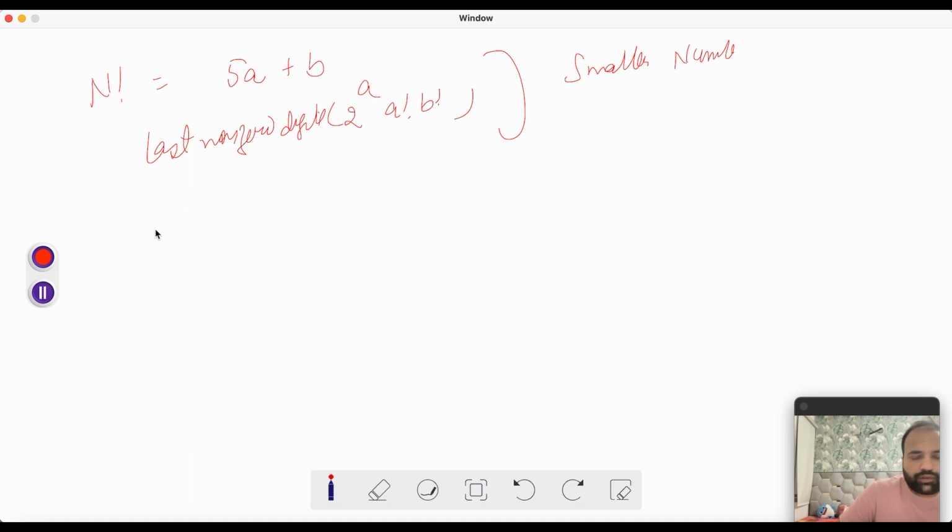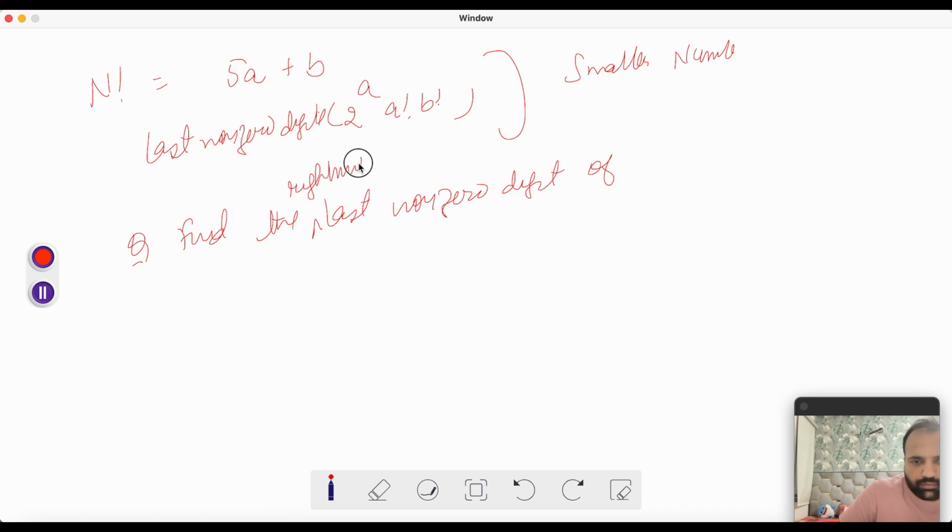Let's say you have to find for 99 factorial. If there's a question, find the last non-zero digit, or the rightmost non-zero digit of 99 factorial.